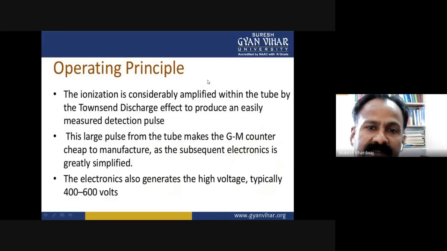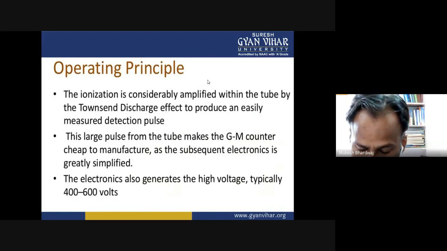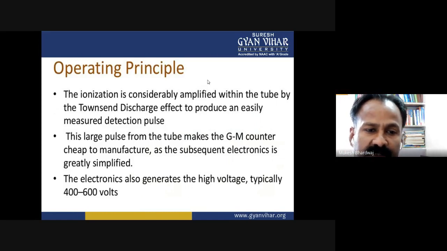The ionization is considerably amplified within the tube by the Townsend discharge effect to produce an easily measured detection pulse. This large pulse from the tube makes the GM counter cheap to manufacture, as the subsequent electronics is greatly simplified. The electronics also generates a high voltage, typically 400 to 600 volt.